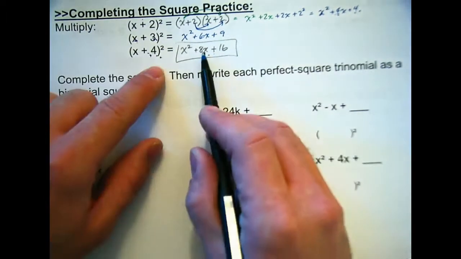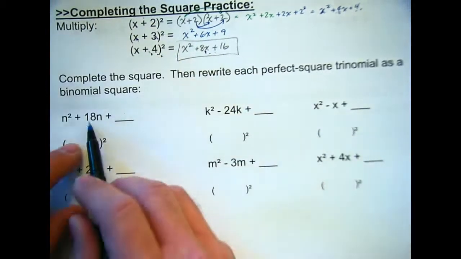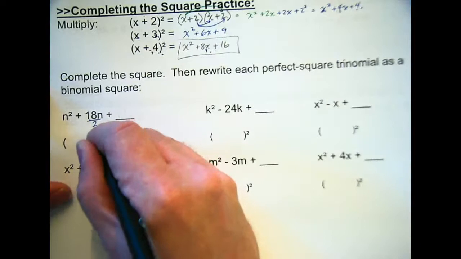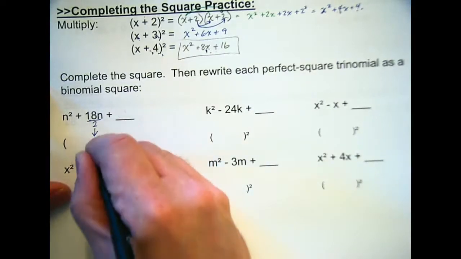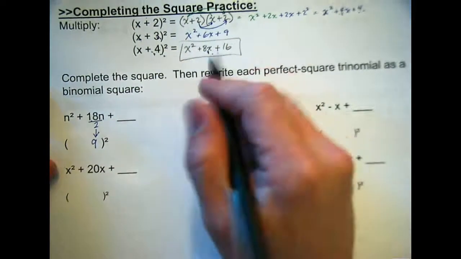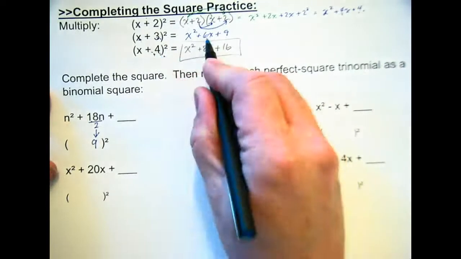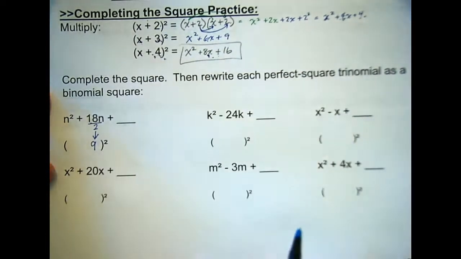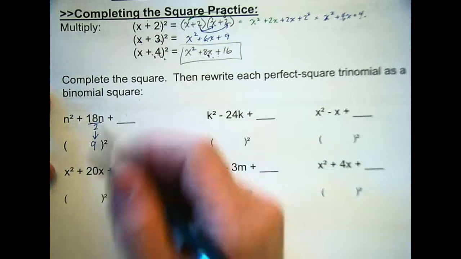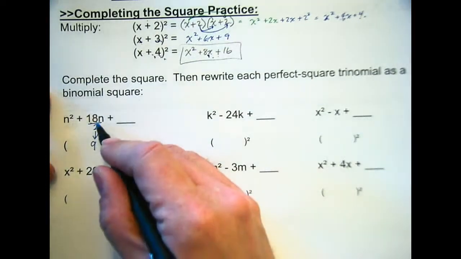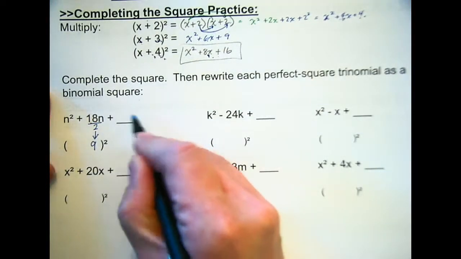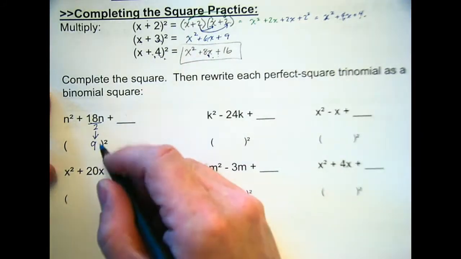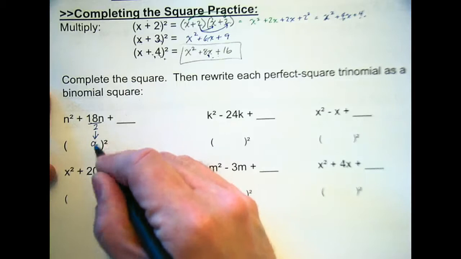So I'd have to divide this by 2 to get back to here. Half of this is that. Half of this is that. Half of that is that. So we always divide that term by 2. How do we get the back number? Connor? Square the last number. Yeah, so once you find this, you just square it.